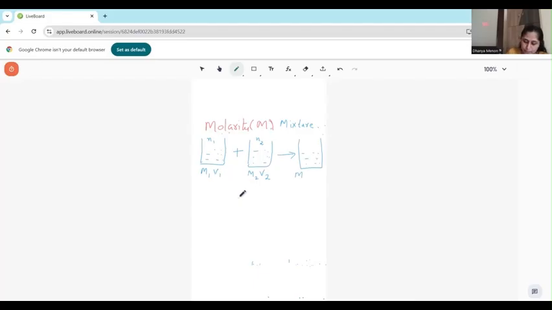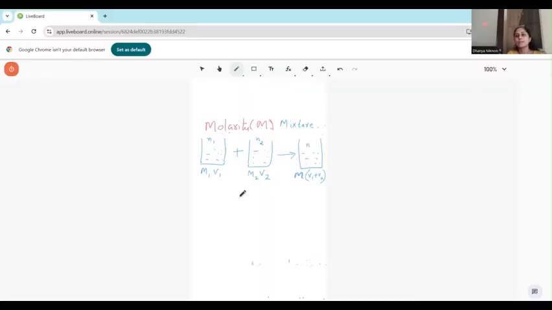When I mix both of them, I get a mixture with molarity M, and the volume I can just add up, V1 plus V2. And suppose the number of moles is N.